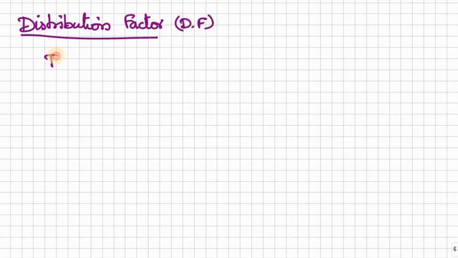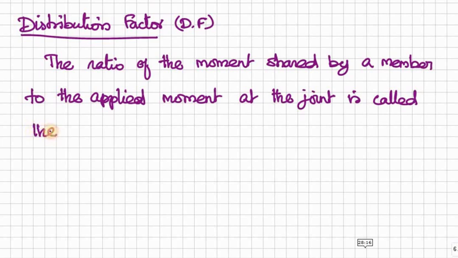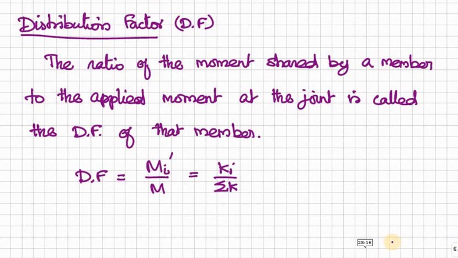It is defined as the ratio of the moment shared by a member to the applied moment at the joint. That is, DF is equal to Mi' over M.